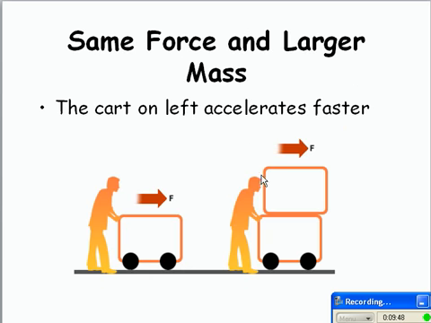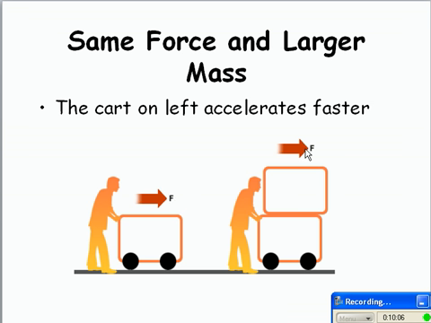So here's a cartoon of the second law of motion. This orange and yellow man here is pushing on 2 carts. We can assume that there's the same amount of friction in the wheels on each cart, and each time you can see the vector here for the force that he's pushing with.